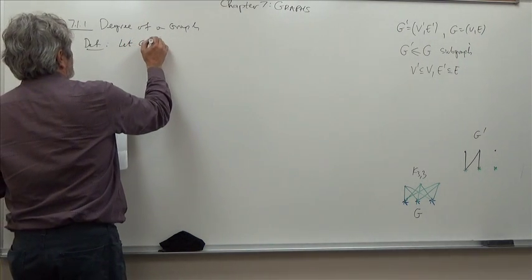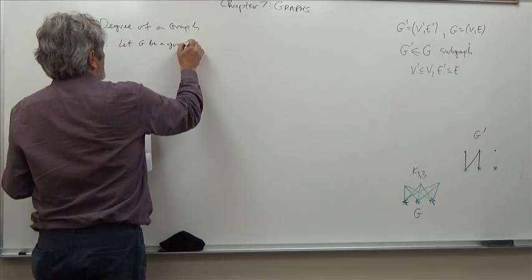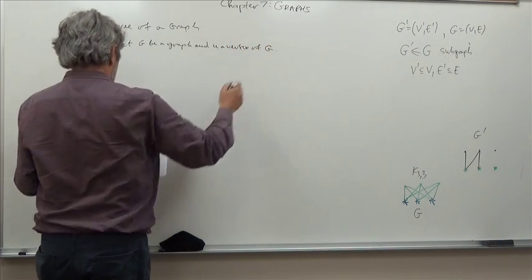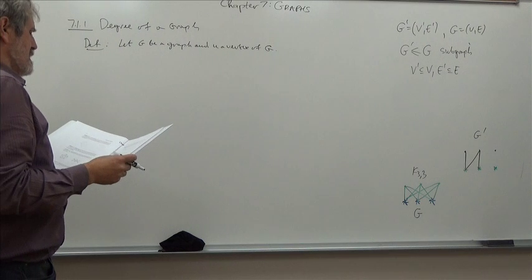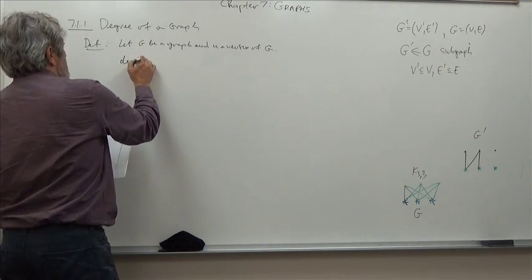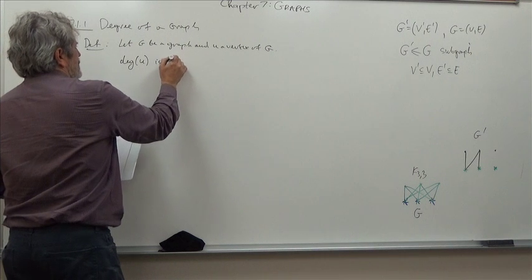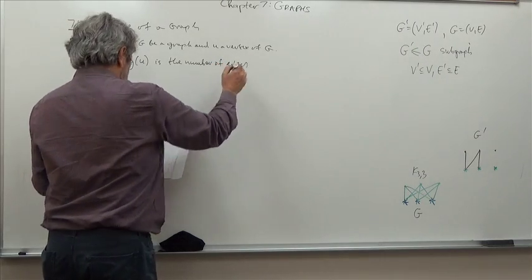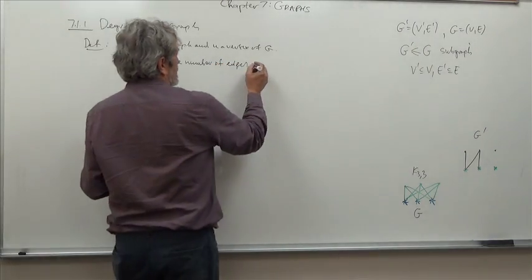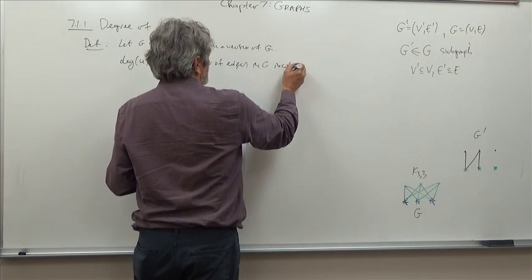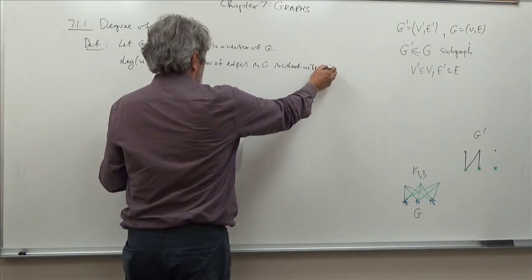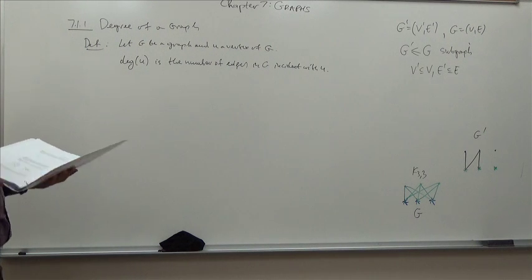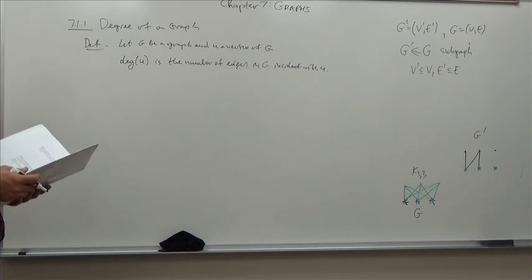Let G be a graph and U a vertex of G. Degree of U is the number of edges associated with, or sometimes with edges in G, incident with U. So just the number of those edges coming out or getting into the vertex.